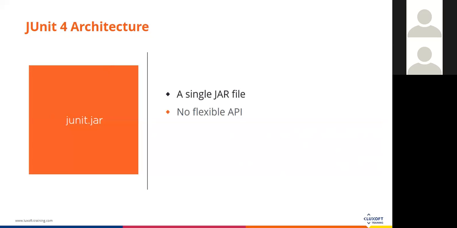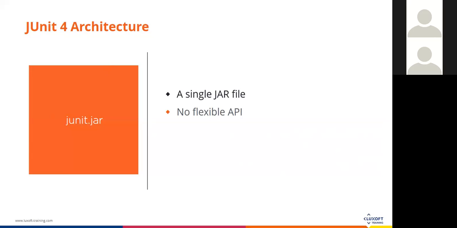So the fact that JUnit 4 was indeed really popular was a great fact. But the bad side of this was that it was not providing an API that would have allowed the IDE to interact with JUnit. Oh, that's bad.